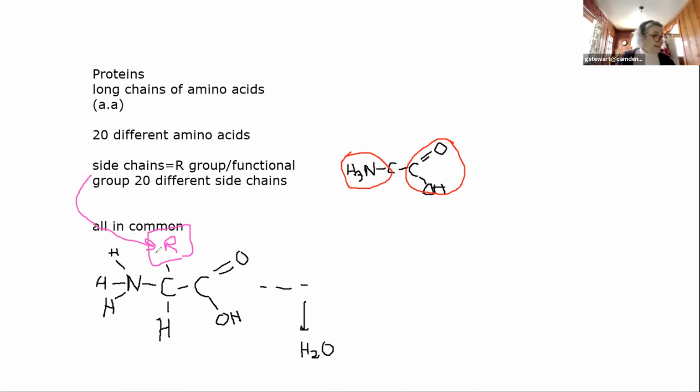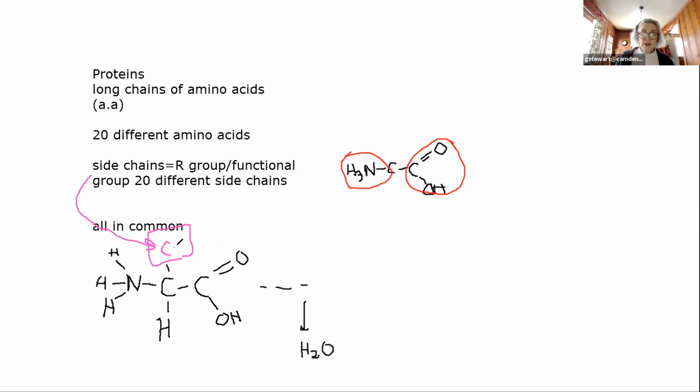So what makes alanine alanine, for example, is that the R group for alanine is CH3. So here, instead of just an R, I'm going to erase this and put something in there. For alanine, I would have to draw another carbon, and then your textbook shorthands it by just writing CH3.